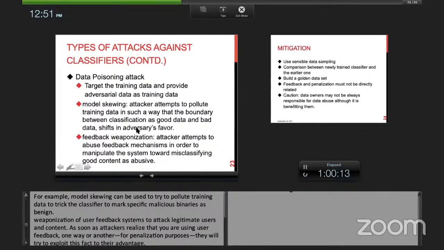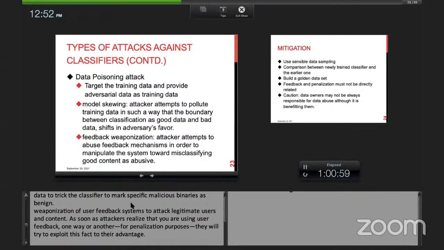That means the classifier is made to mark specific malicious binaries or data as good data instead of bad data, or the other way around, whatever that particular malicious user wants. Another is feedback weaponization. Here the attacker attempts to abuse the feedback mechanism itself in order to manipulate the system towards misclassifying good content as abusive.